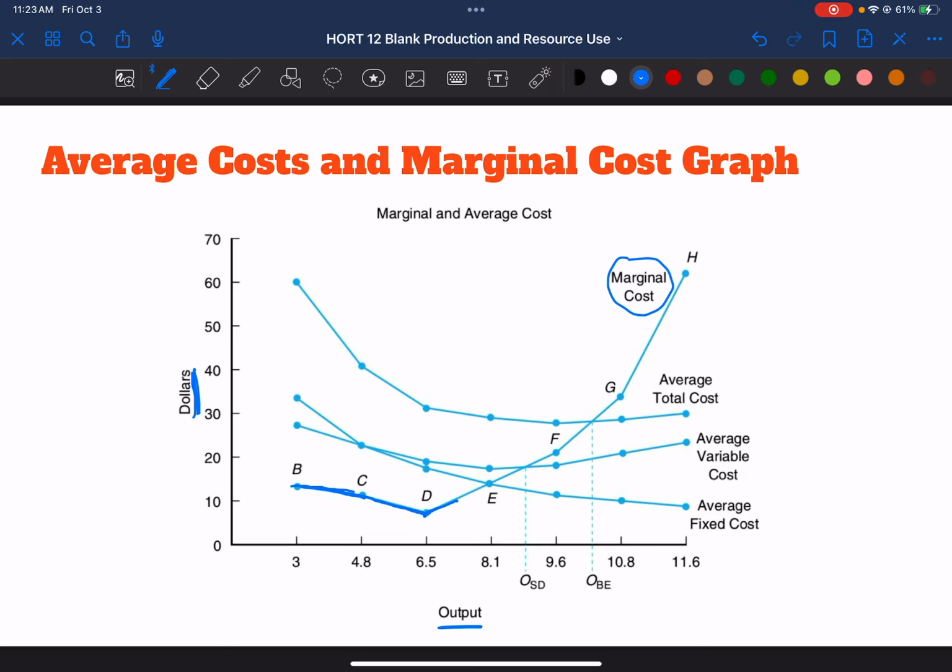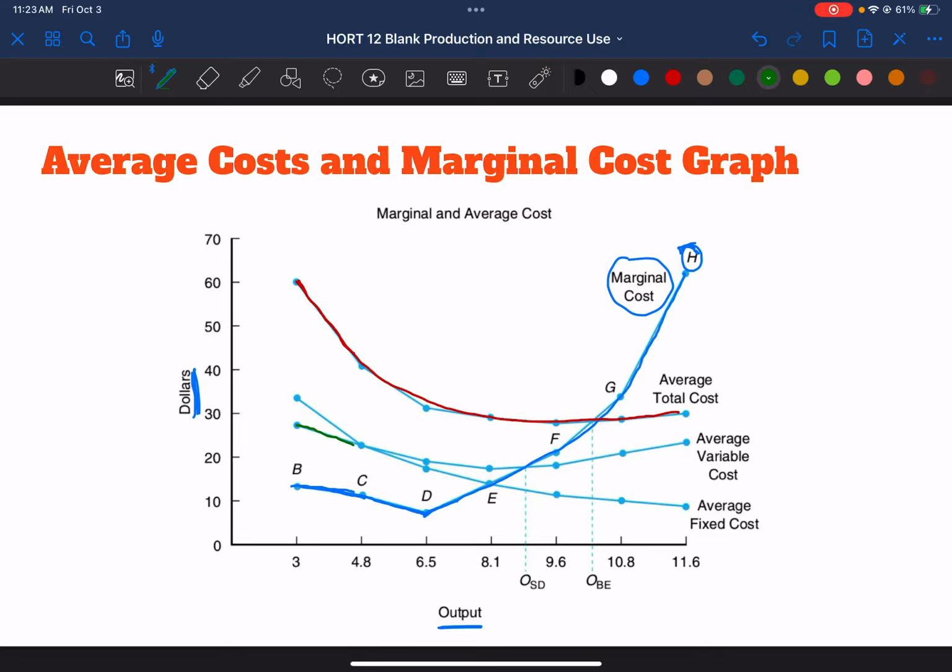When we get to a certain point, though, it starts to come up again. Up here at H, we have a pretty high additional cost for every additional unit of output. Our average total costs, I'll use a different color on this line, start out kind of high, and then as we produce more units, the average total cost comes down. Makes sense, right?